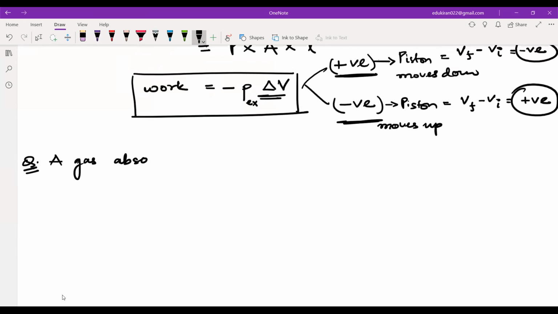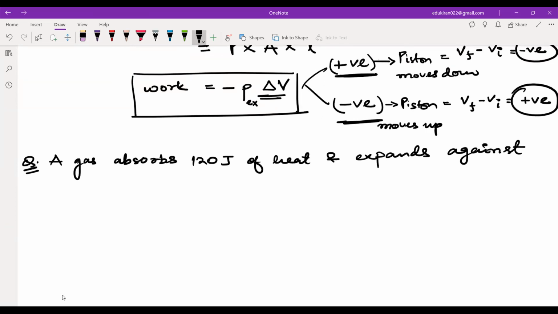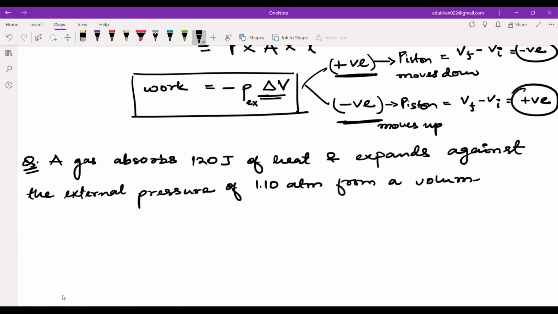A gas absorbs 120 joules of heat and expands against the external pressure of 1.10 atm from a volume of 500 ml to 2 liters.